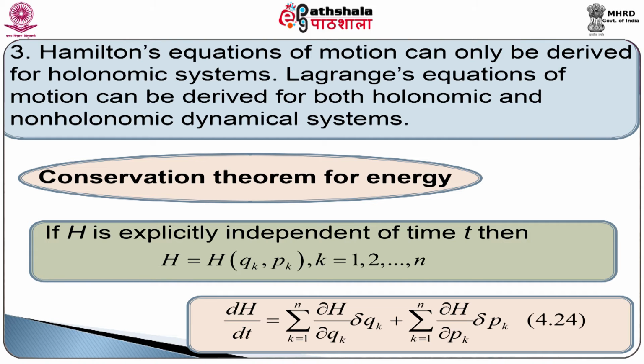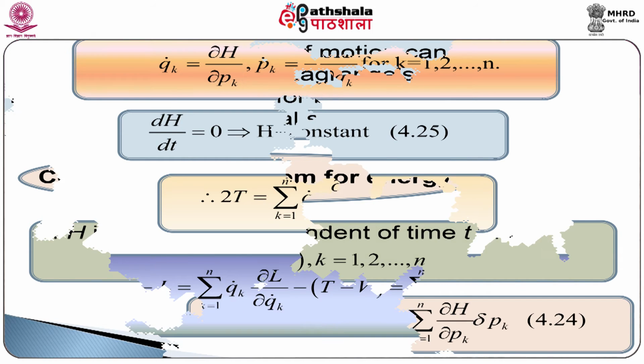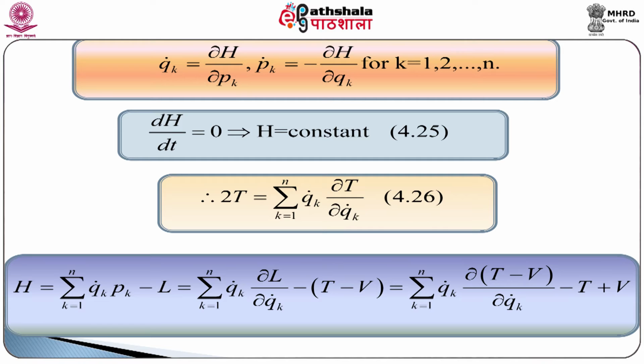These equations are symmetric except for the change in sign. These equations are valid for k equal to 1, 2 up to n. If we substitute these in equation 4.24, we get dH/dt equal to 0, which gives H equal to constant.